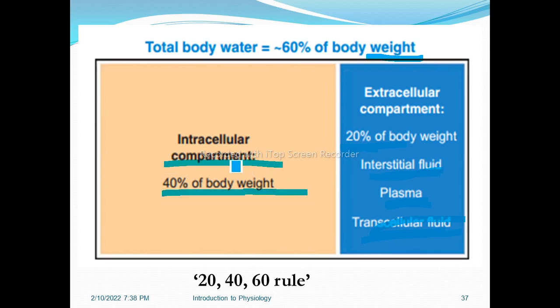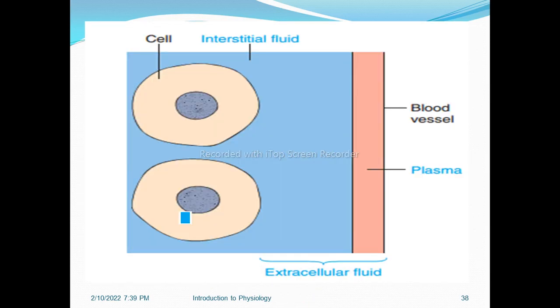So 20% extracellular fluid and 40% intracellular fluid gives us 60%. So now this is the cell, this is intracellular fluid.